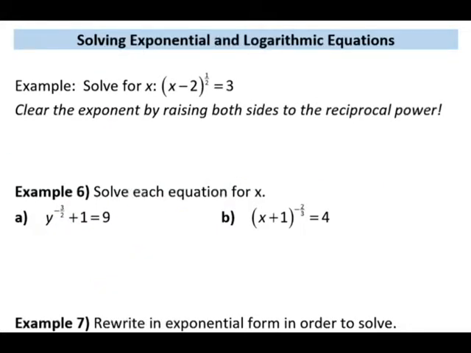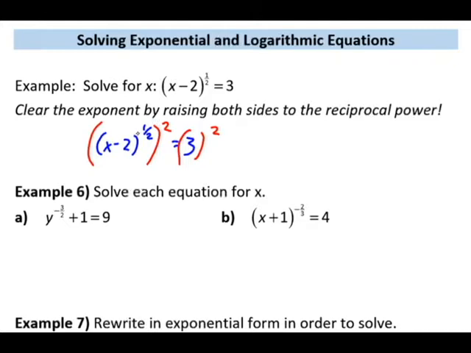Finally, we're going to look at using these properties to solve equations. Our primary technique is to solve for the exponential expression and then raise to the reciprocal power. The reciprocal of 1/2 is 2, so we raise both sides to the second power.